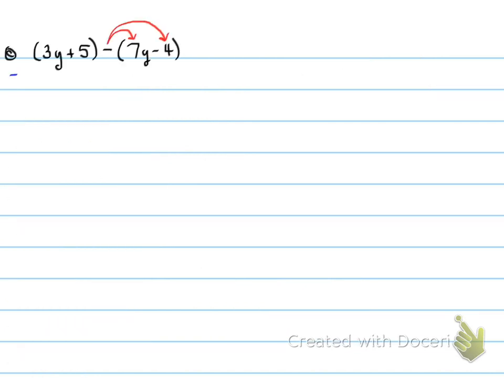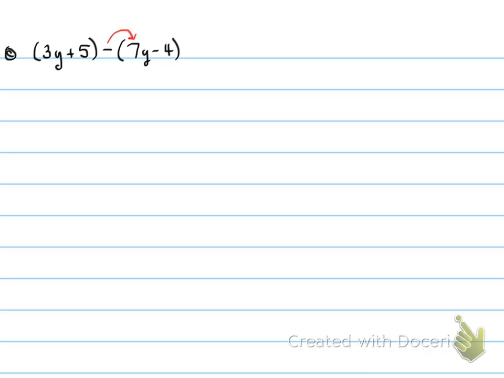Here's C. Okay, we'll do these ones one by one. (3y + 5) - (7y - 4). Let's look at what happens here. The first one is not a problem because there's nothing in front of it. But the second set of brackets has a minus in front of it. What this means is we have to take this minus and give it to each piece inside the bracket.